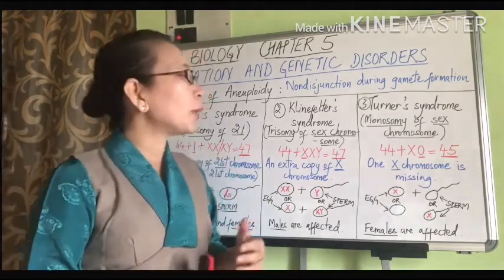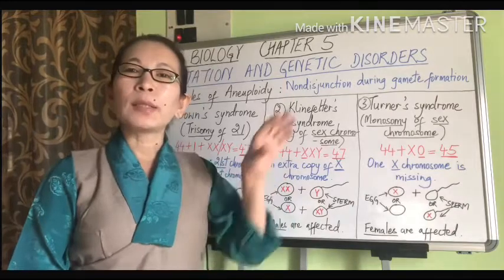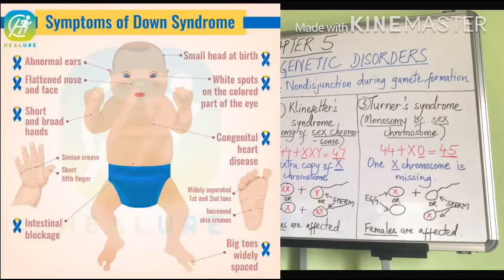Now, to list some of the major symptoms of these three conditions, let's look at the figure here. Individuals affected with Down syndrome show a more flattened face and nose feature, and they have short and broad hands with very short fingers.